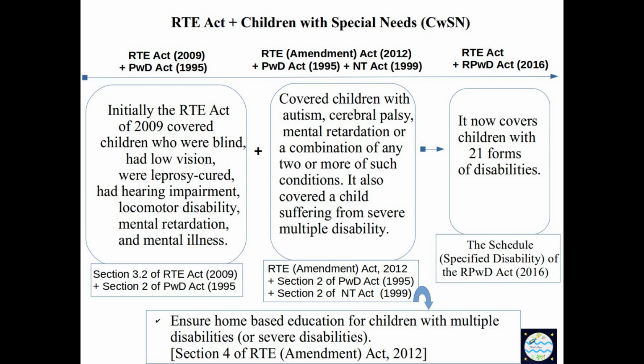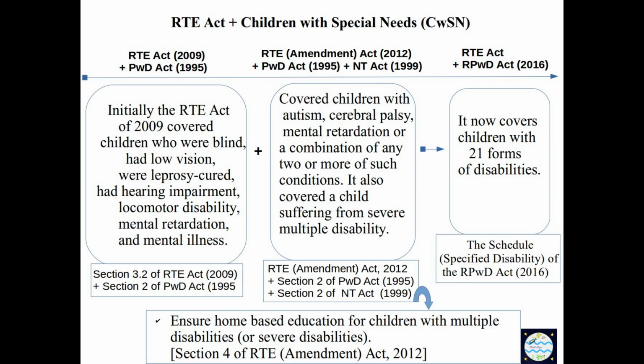Due to the efforts of organizations advocating for children with special needs or persons with disabilities, the RTE Act was amended in 2012 and it incorporated provisions mentioned in both the PWD Act of 1995 and the NT Act of 1999.